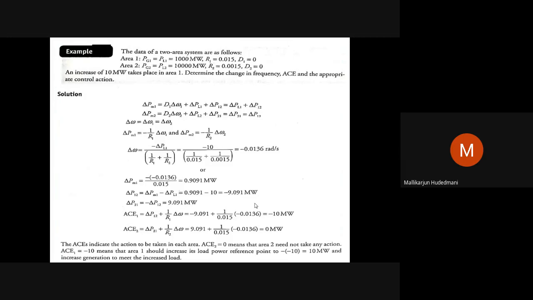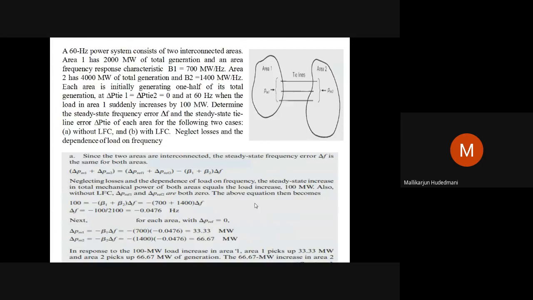The data of a two area system: PG1, PG2, 1000 megawatt, 10,000 megawatt, and 0.015, 0.0015, D1 equal to 0, D2 equal to 0, like that. So we will not take this because this is an ACE based problem. So we'll search for another problem.